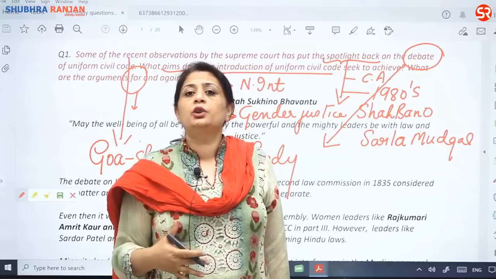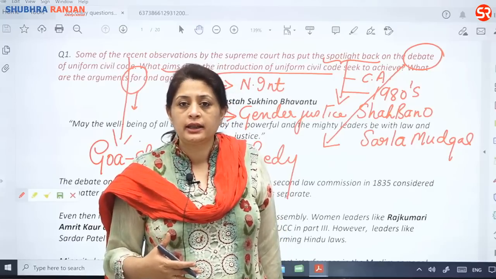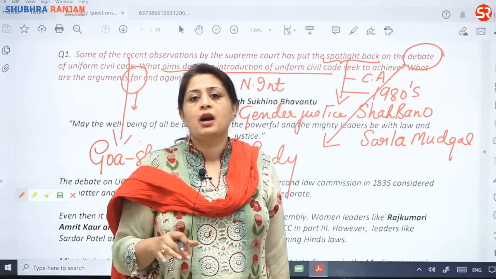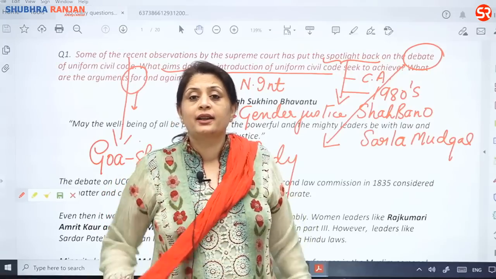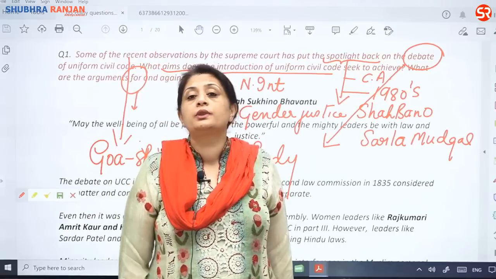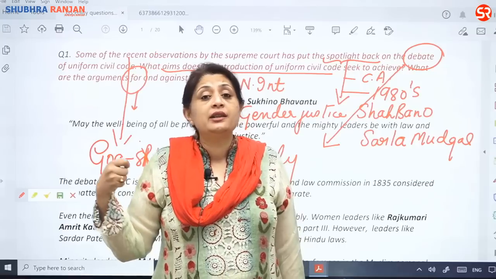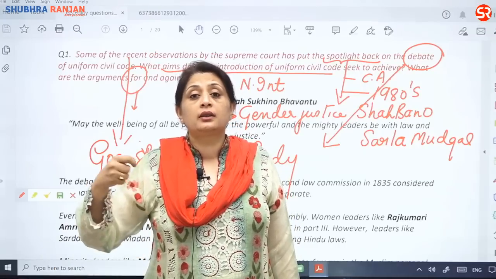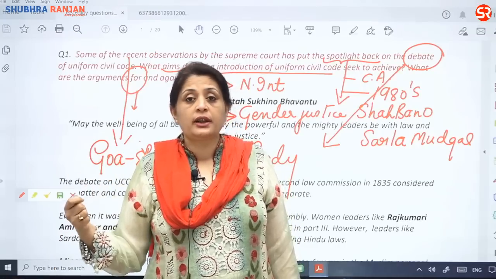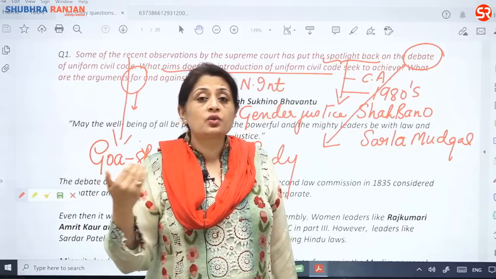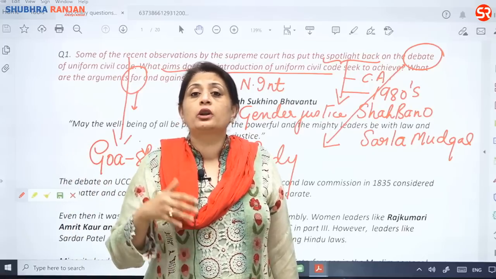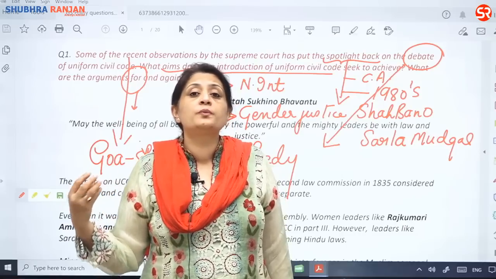And the argument against it is that the same article which says that India should go for a uniform civil code also says that the state shall endeavor to develop those conditions which create a suitable environment for the creation of the uniform civil code.